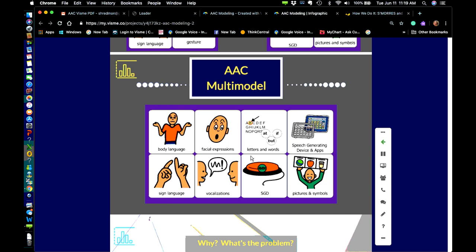Working and interacting in schools with individuals, teaching them, we all know that forming that relationship is paramount, and that should be honored. When we don't accept this multimodal way of communicating, then we're destroying that relationship.